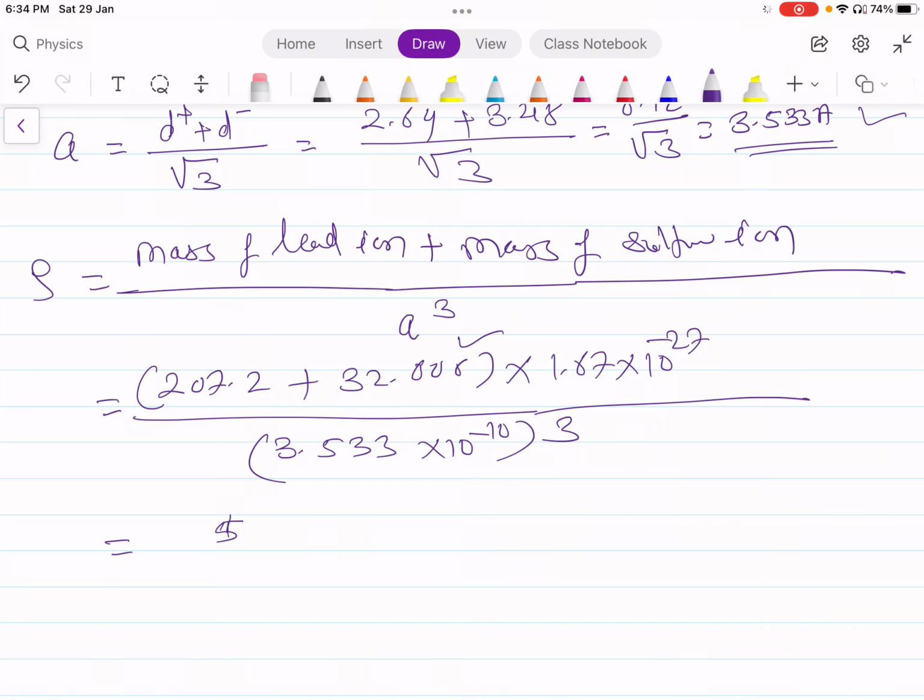So this is 239.206 into 1.67 into 10 to the power minus 27 divided by the cube of 3.533. Let me calculate it.